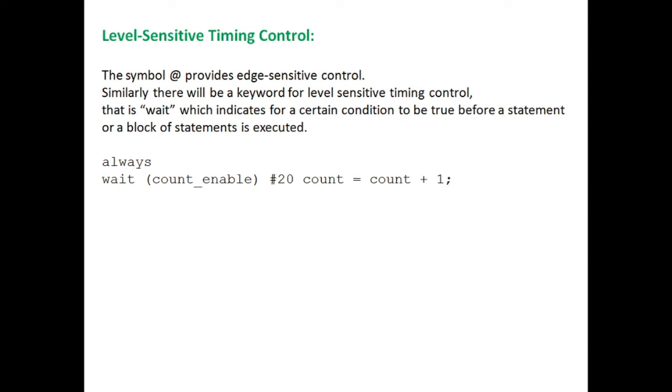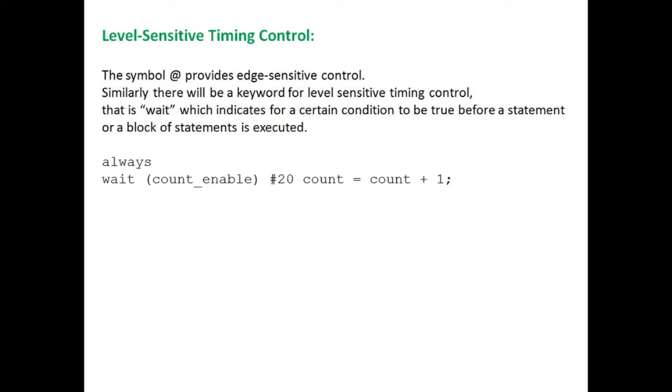Similarly, we use it mainly for a positive or negative transition, the rising edge or falling edge of a clock. Similarly, there will be a level, logic 1 or logic 0, for any signal like a clock or some A signal or B signal, whatever it is.